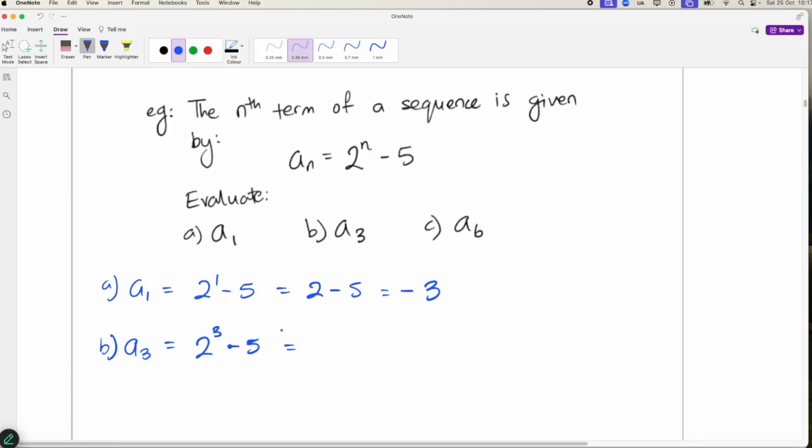So 2 2s are 4, 2 4s are 8. That is 8 minus 5, which is positive 3. And C, we have A6, which is 2 to the power of 6 minus 5. 2 2s are 4, 2 4s are 8, 2 8s are 16, 2 16s are 32, 2 32s are 64. Minus 5 is 59.